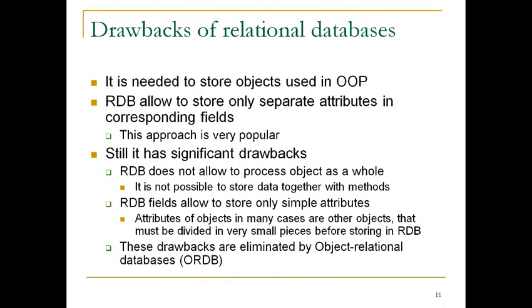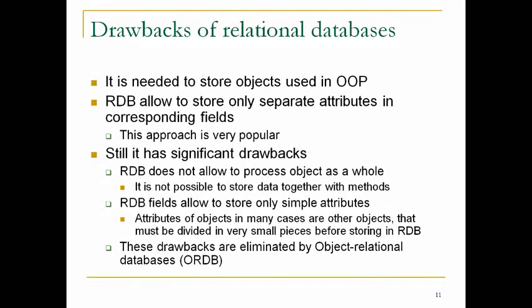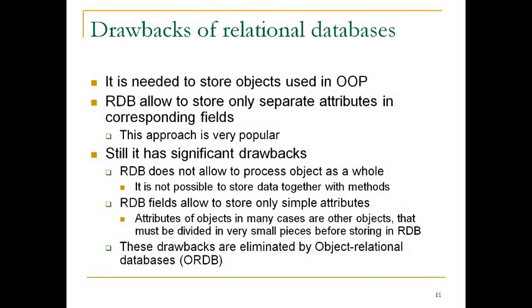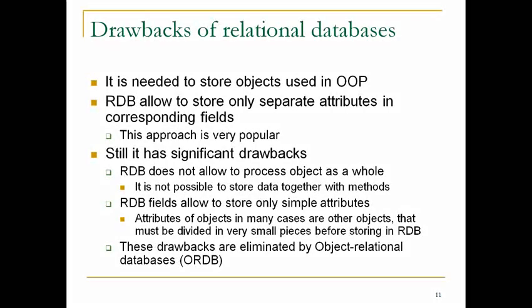So, the relational databases allow us to store separate units, separate attributes. For example, if the student has these attributes name, surname, and personal ID, then we can store name in one column, surname in the second column, and so on.